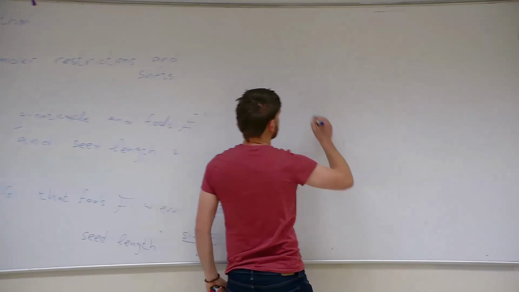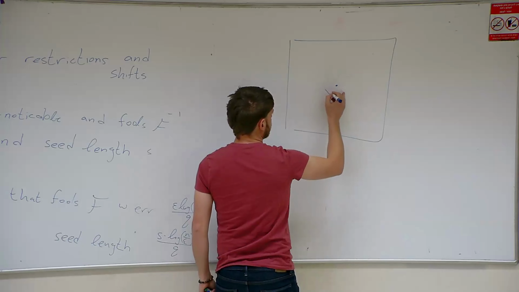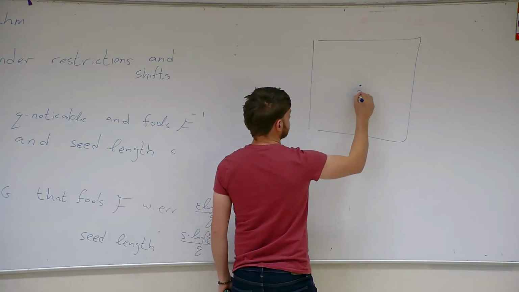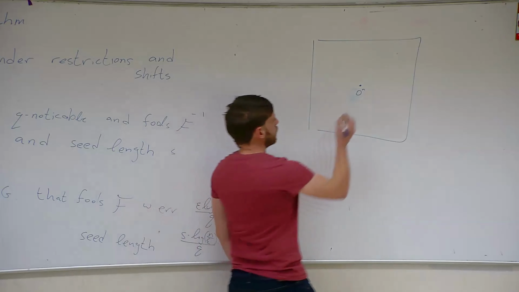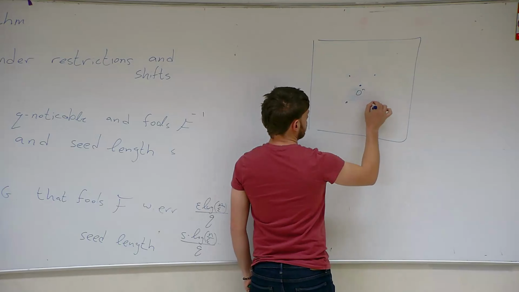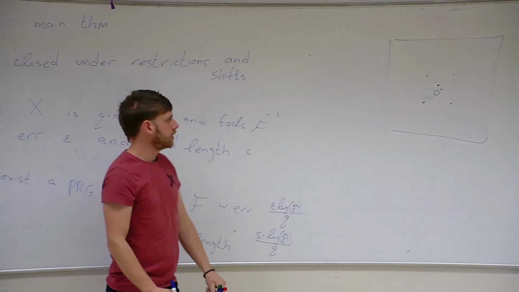So we start with y0 equals 0 to the n. We start here with a perfect PRG. Then we add a copy of x. So assume x is fractional. It has some points inside the Boolean cube.